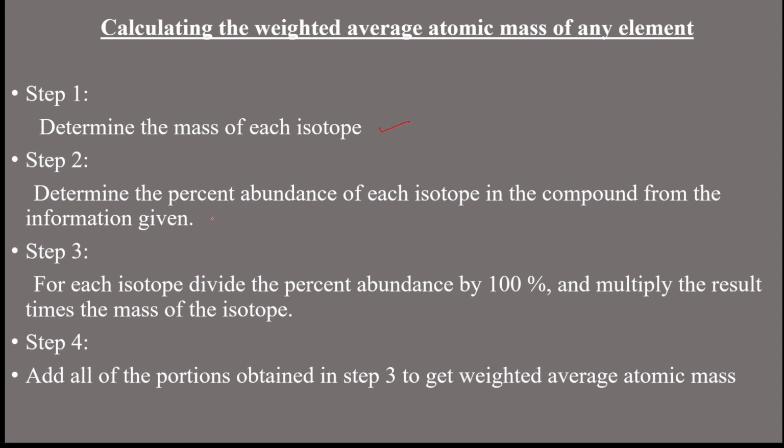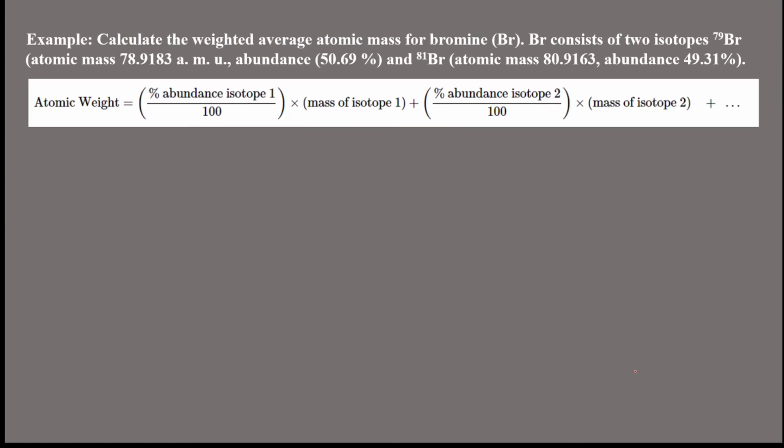Step 2 is to determine the percent abundance of each isotope from the information given. Next, for each isotope, divide the percent abundance by 100 and multiply the result times the mass of that isotope. Then add all the portions obtained in step 3 to get the weighted average atomic mass.